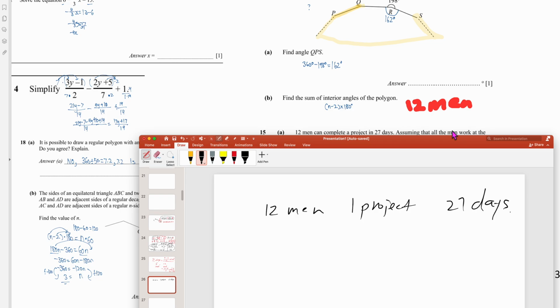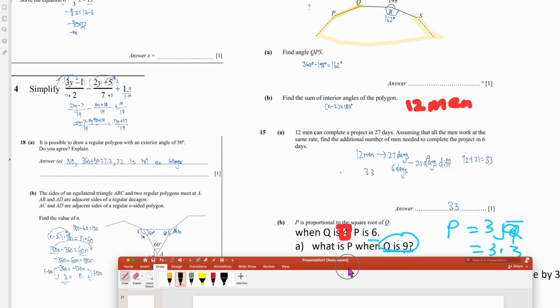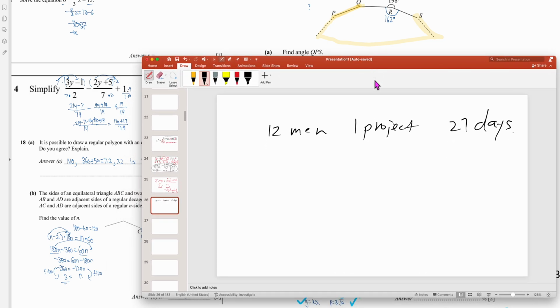Okay, so you try to. They ask what? Additional number of men needed to complete the project in 6 days. Oh, okay. So basically now they want it finished in 6 days. One project, how many men, right?